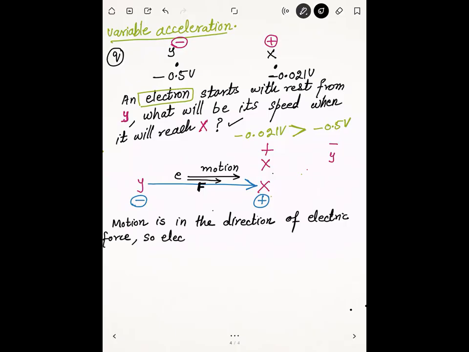So electric work is positive and electrical PE will decrease. Electric work is positive, so electrical PE will decrease.